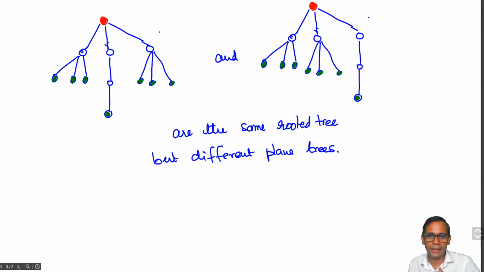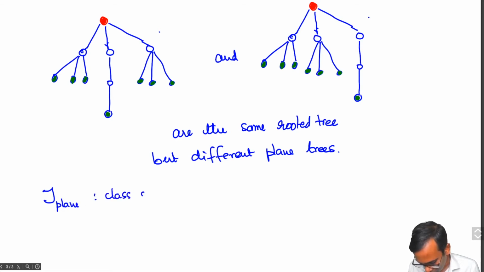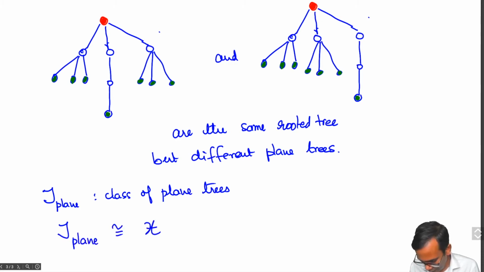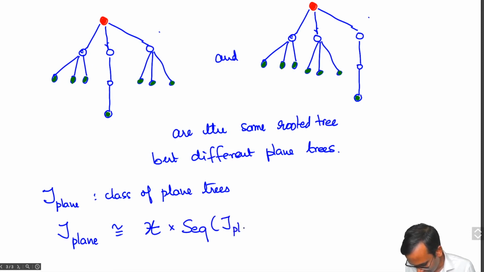So now what we care about is the order in which these subtrees that are attached to any node occur. And so here, if we call T plane the combinatorial class of plane trees, then what we get is T plane is isomorphic to x times, and now it's not a multi-set, actually the order matters, so it's a sequence of plane trees.